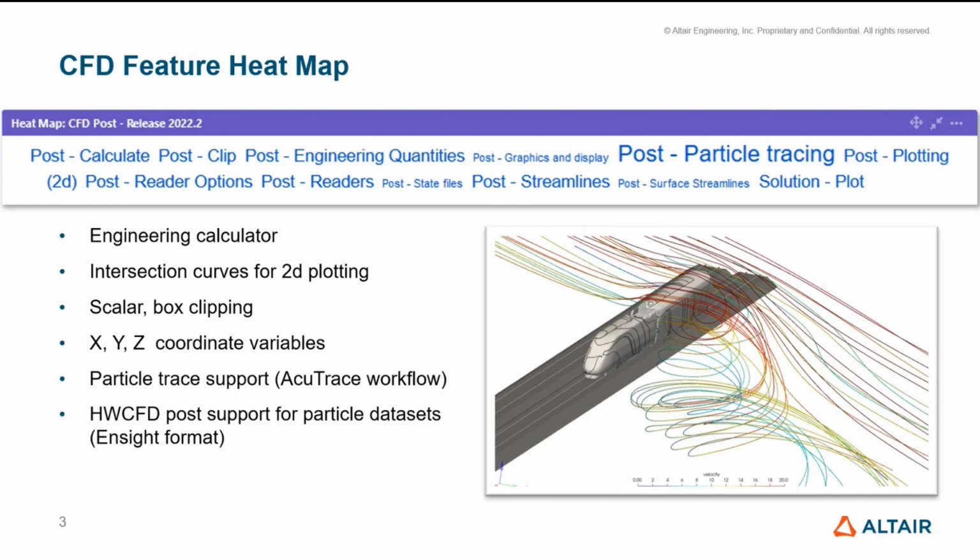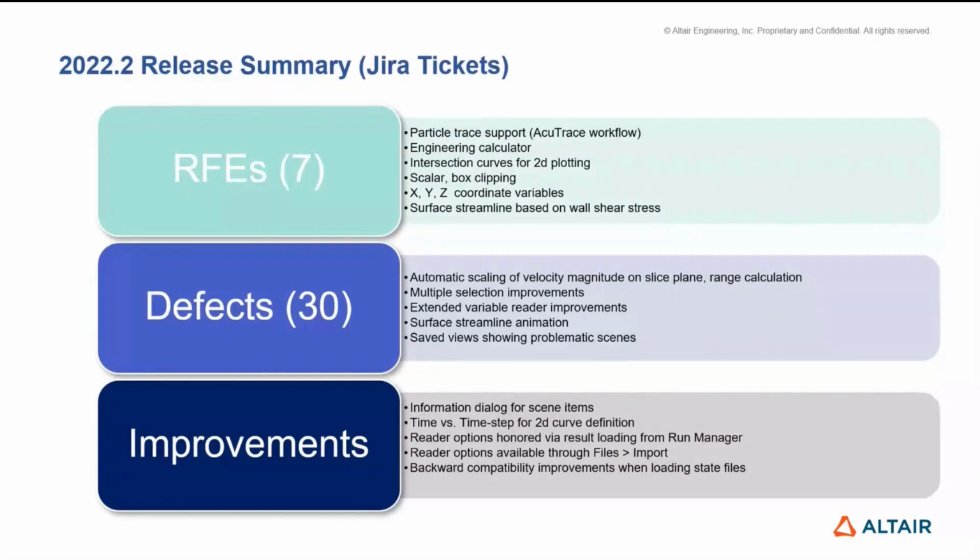We enhanced the scalar and added box clipping, so we can actually clip by region, not just by a scalar. We added the ability to bring in XYZ and coordinate variables. And as Harsh reviewed, we now have particle trace support via AccuTrace. We also made some minor modifications to read in that data in NSIDE format so users can view that. Just a little bit more detail on each of the different sections.